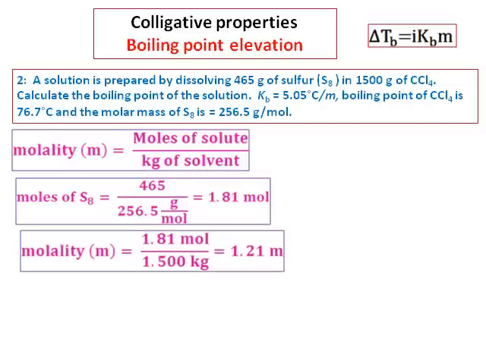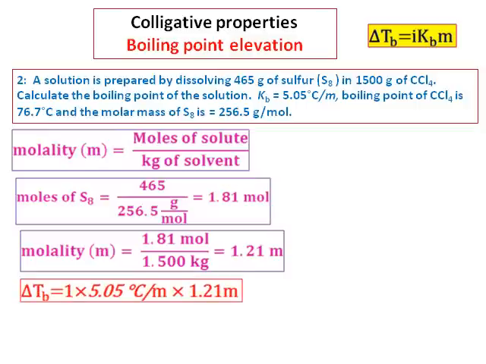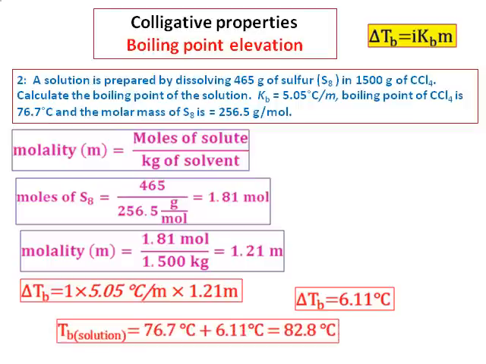After I calculate the molality, use the delta Tb equation and get the delta Tb value. And I get delta Tb as 6.11 degrees Celsius. Now add it to the boiling point of the original solvent CCl4. I get the increased boiling point of the solution because of the addition of sulfur.